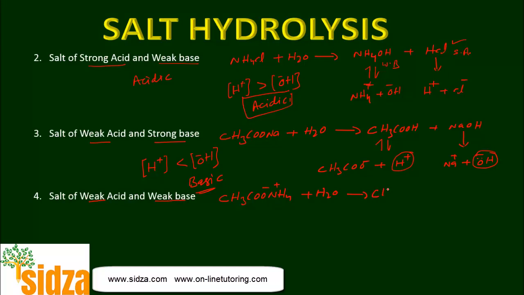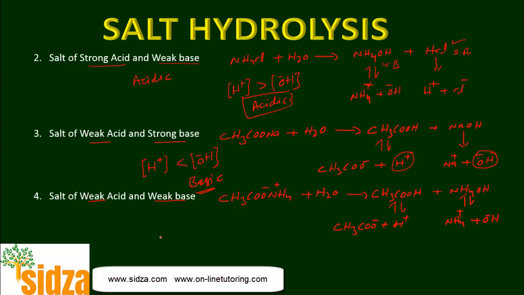You get acetic acid, CH3COOH, and you get the ammonium hydroxide. Now both are weak electrolytes, so they dissociate partially. They will be in equilibrium, CH3COO negative, and there will be the H plus ions here. And from here also you get the ammonium ions here and the hydroxide ions here.